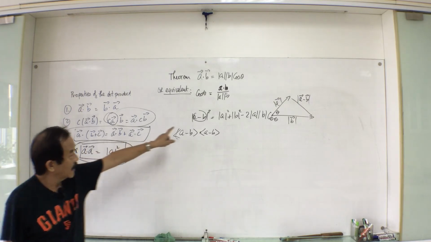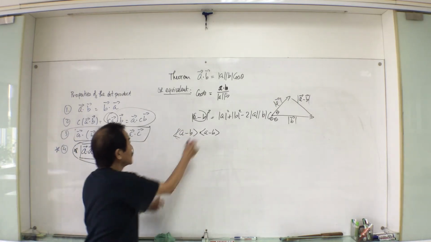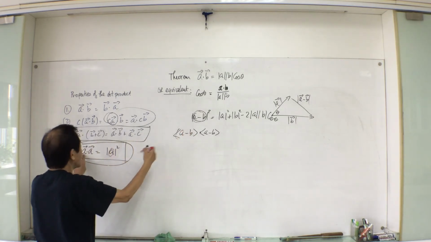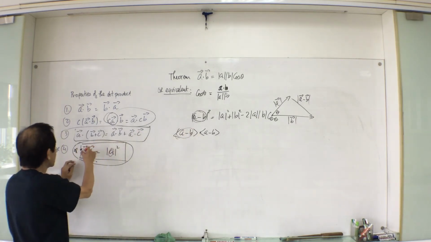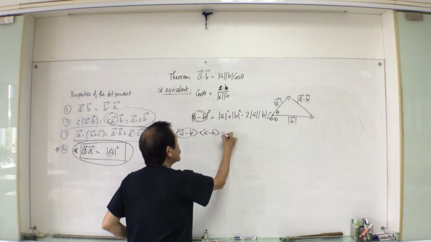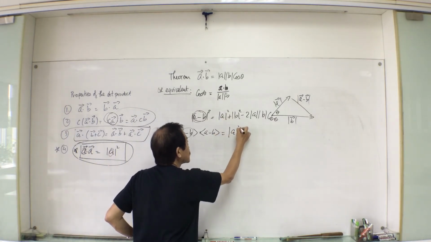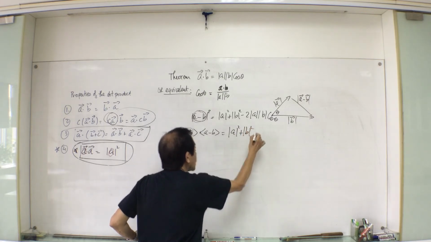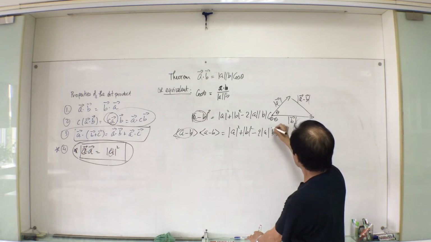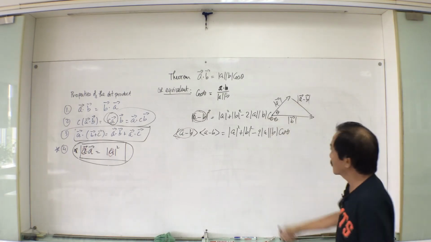The property here applies, and we take the whole thing in terms of this A, and this one in terms of this A. Now the right side you have A square plus B square minus 2AB cosine theta. This comes from the law of cosine.